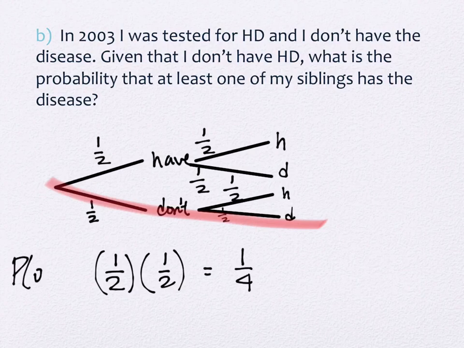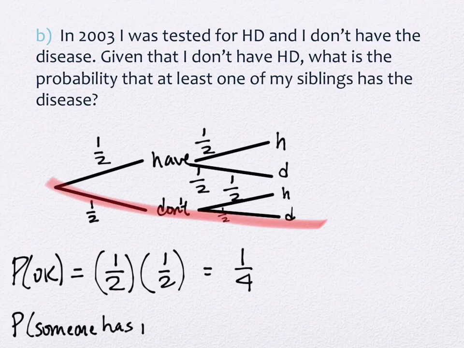So the probability that still someone has it is what? 1 minus the 1/4, or 3/4, which is probably a decimal that you're very familiar with, 0.75. So there's still a 0.75 probability that my family is still affected by this disease.